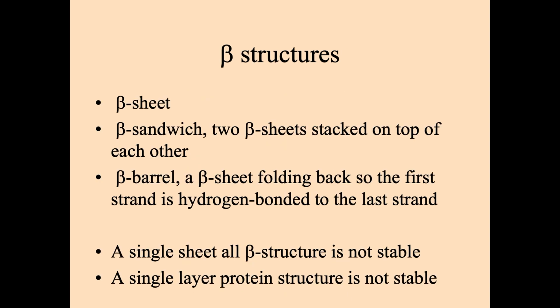Okay, so beta structures. A single beta strand, I showed you already, but that's not going to be happy because all the hydrogen bonding groups don't have hydrogen bonding partners. In the helix, you wind around, the hydrogen bonds are made within the helix, right? So that's happy. A single beta strand on its own doesn't make any hydrogen bonds.